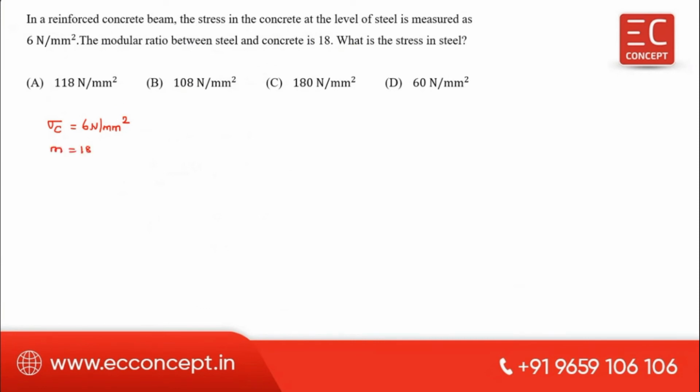We know that sigma ST is equal to m into sigma C. So 18 into 6, therefore 108 Newton per millimeter square. So the answer is B.